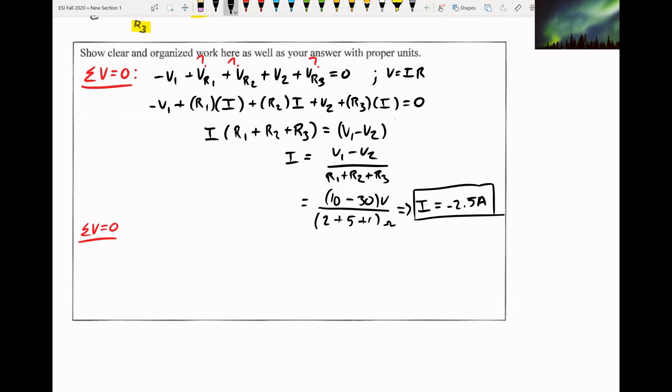So we can say plus VDA plus VR1 plus VR2 plus V2 is equal to 0. What does that look like?